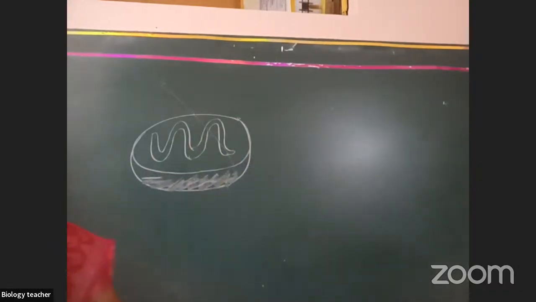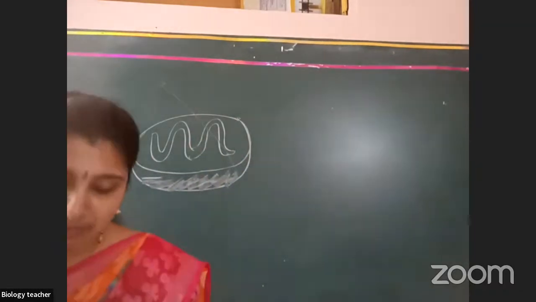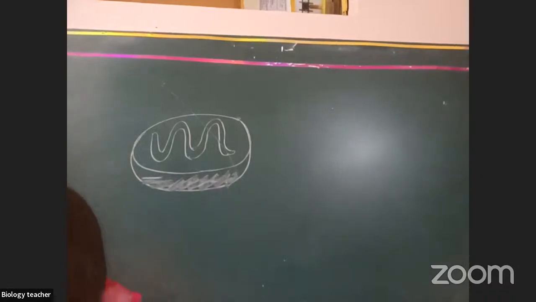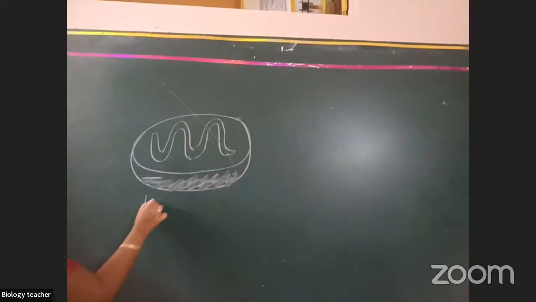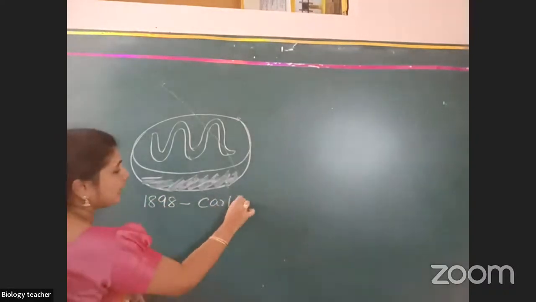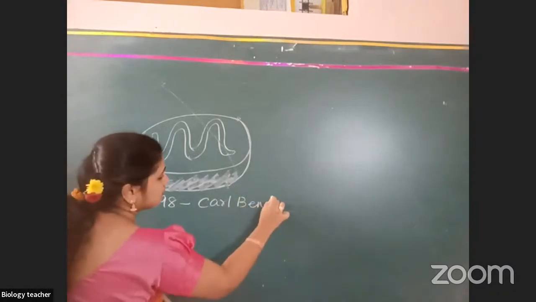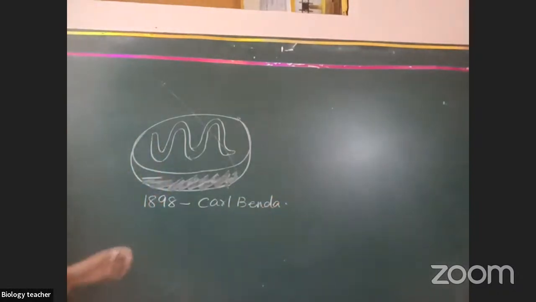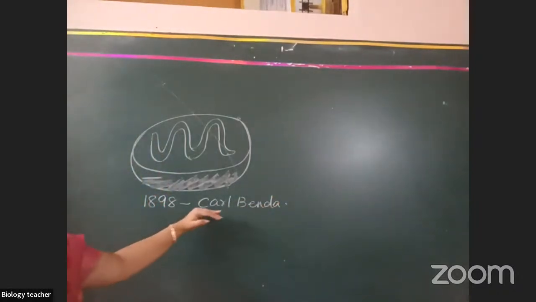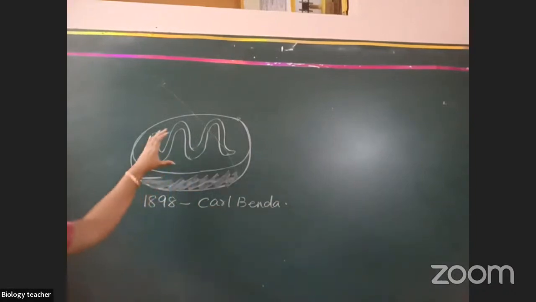Mitochondria are known as the powerhouses of the cell. In the year 1898, Carl Benda discovered mitochondria in the cells.